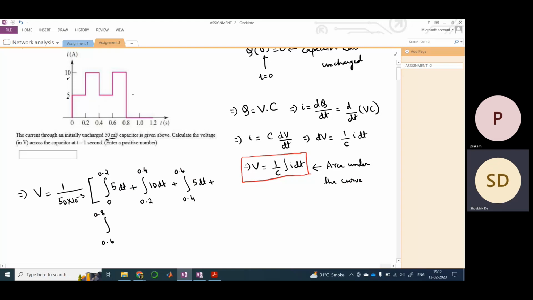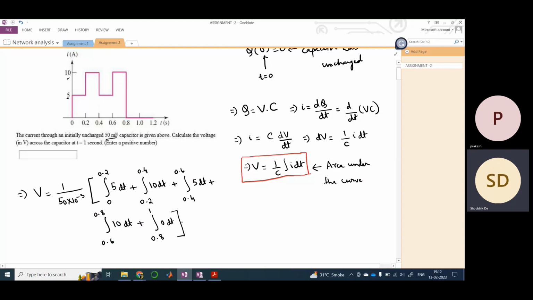Again this is increasing to 10, so this would be 10 dt. And finally, from 0.8 to 1, my current is 0, because it has decreased. You can clearly see that this is 0. So this would be 0 dt.